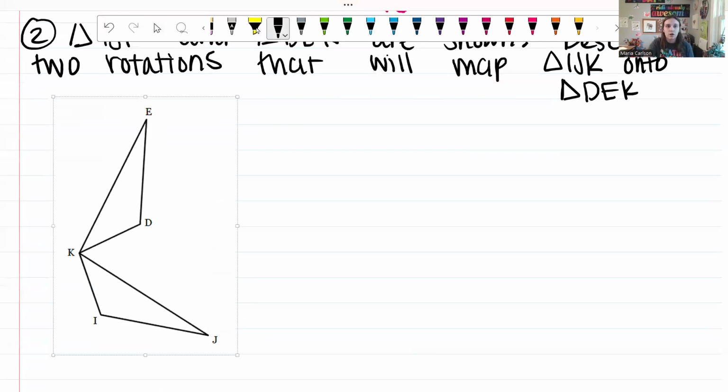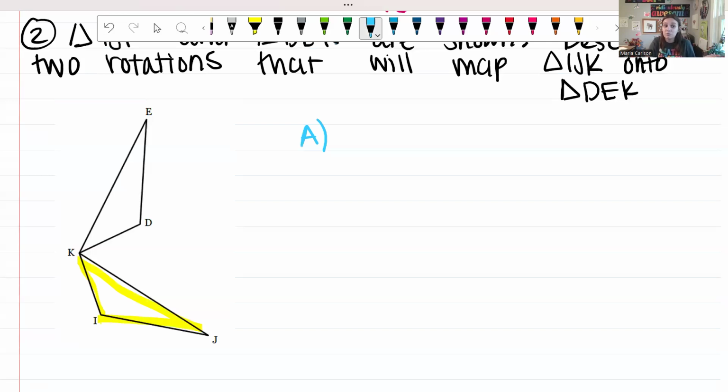But we are going to start with IJK, and we want to rotate IJK so that it maps onto DEK. And we want to do this actually in two different ways. So method A, I could take this IJK and I could rotate it around.